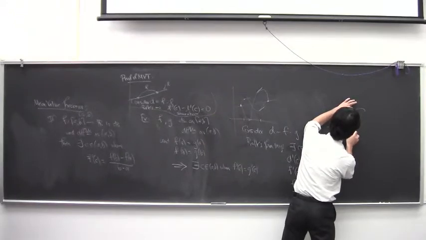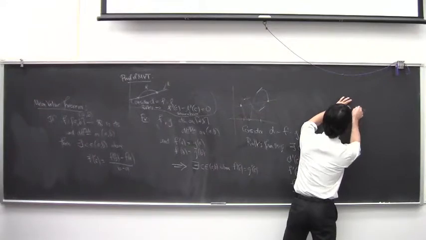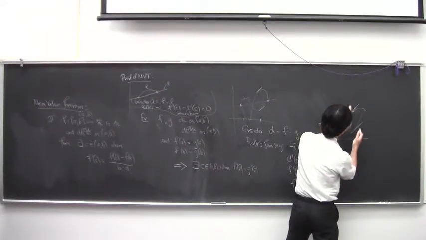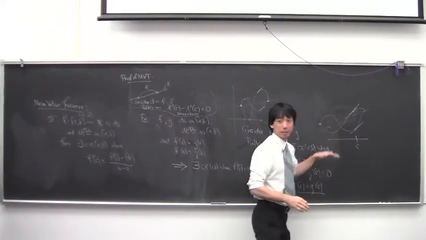There's going to be some point around here, say, where the slopes of the tangent lines at the same point are the same. But it's not necessarily the slope of the secant line.